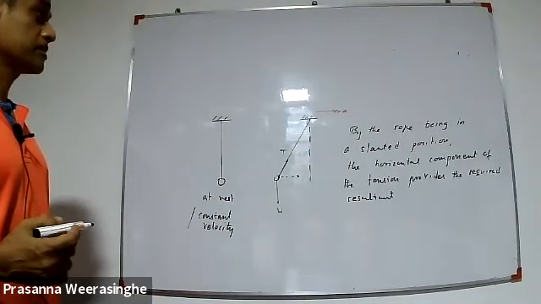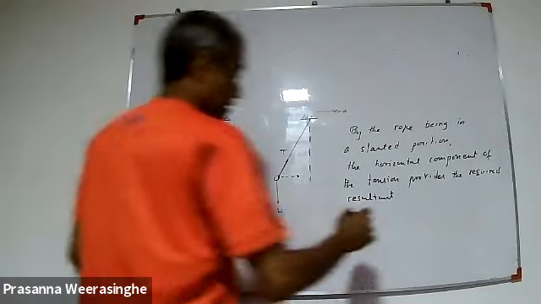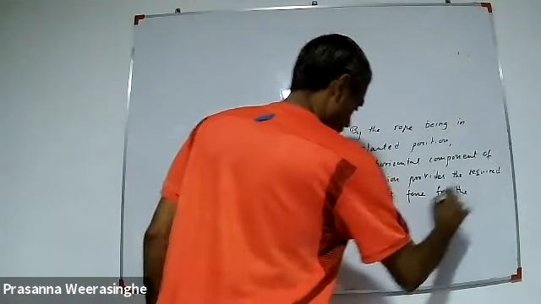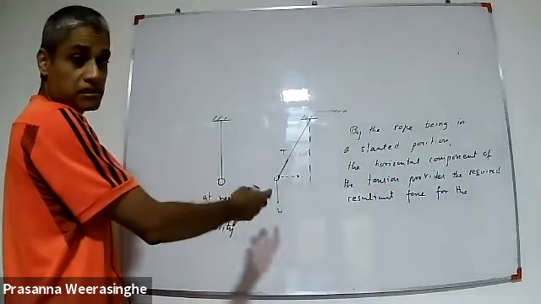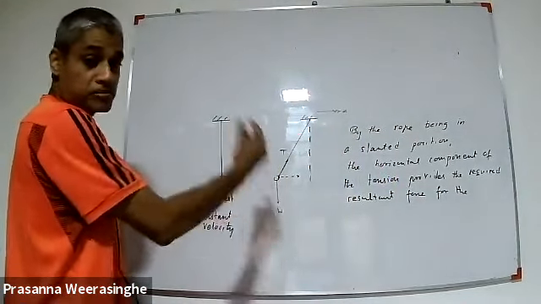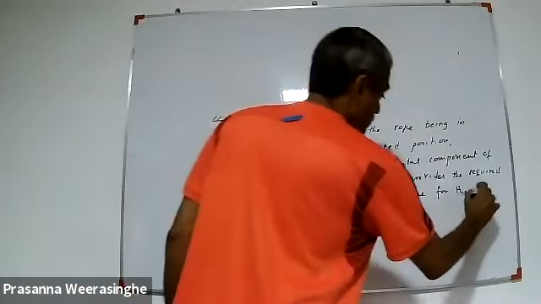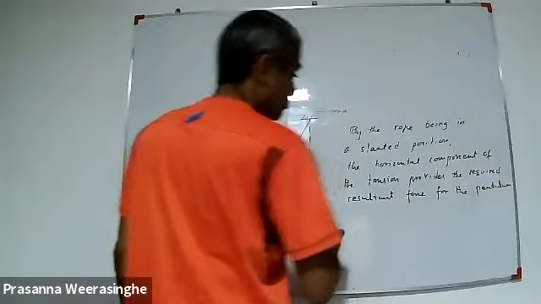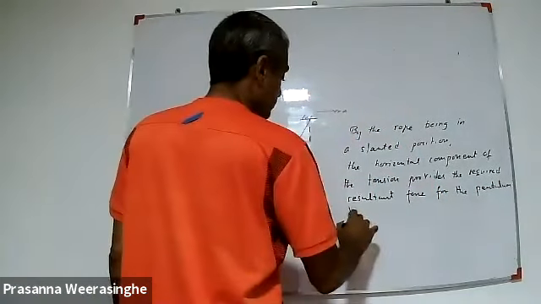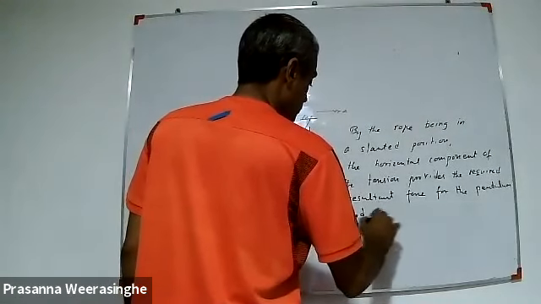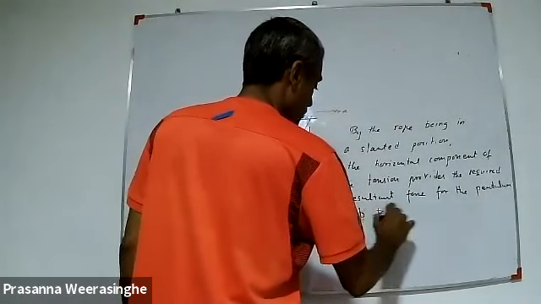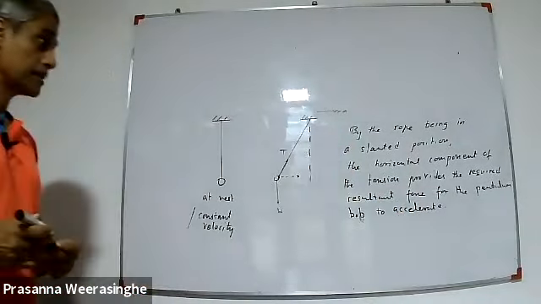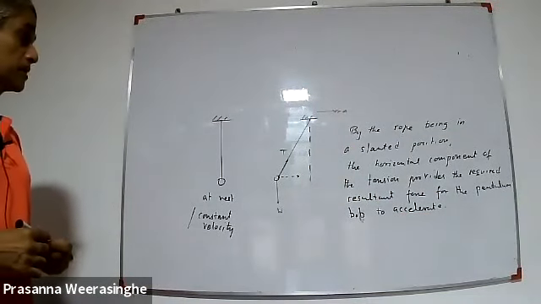The horizontal component of the tension provides the required resultant force for the, call this the pendulum, the mass, the object, whatever you want. Let's say it's a pendulum. Bob, pendulum bob is what we call it. To accelerate, and that is Newton's second law.